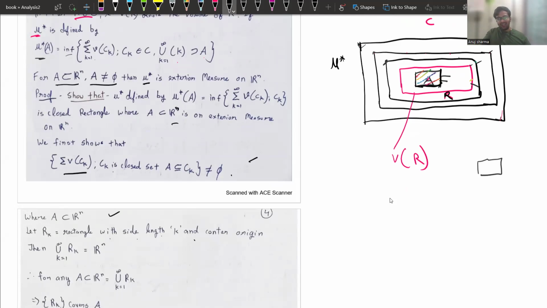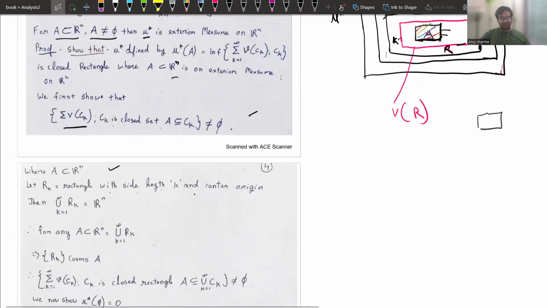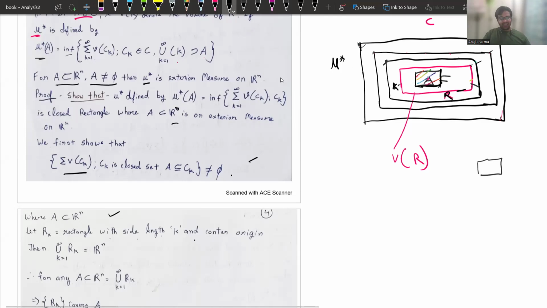Let RK mean every rectangle in this pink rectangle that is starting from this, consisting of side length K. And the union of such RK means the union of all the rectangles with side K: this black rectangle, second rectangle, third rectangle, fourth rectangle.